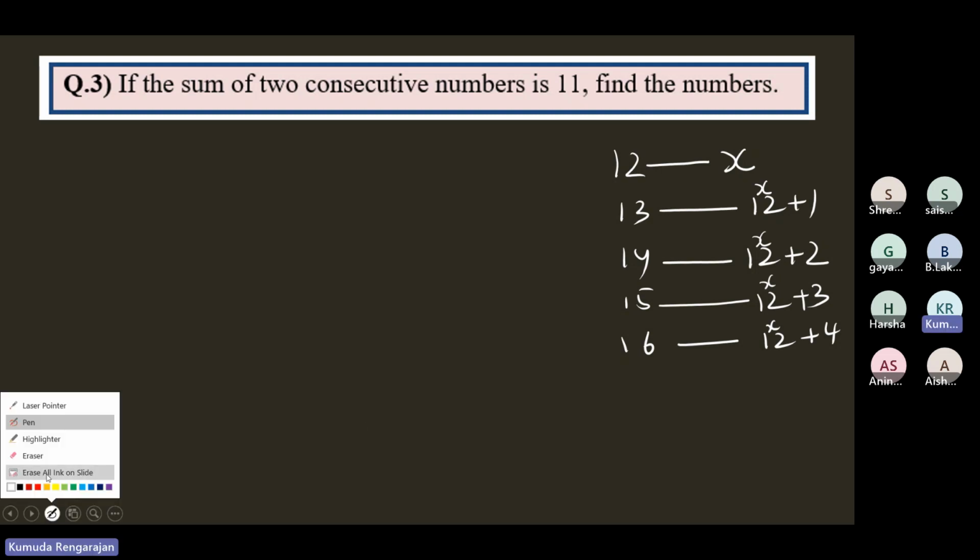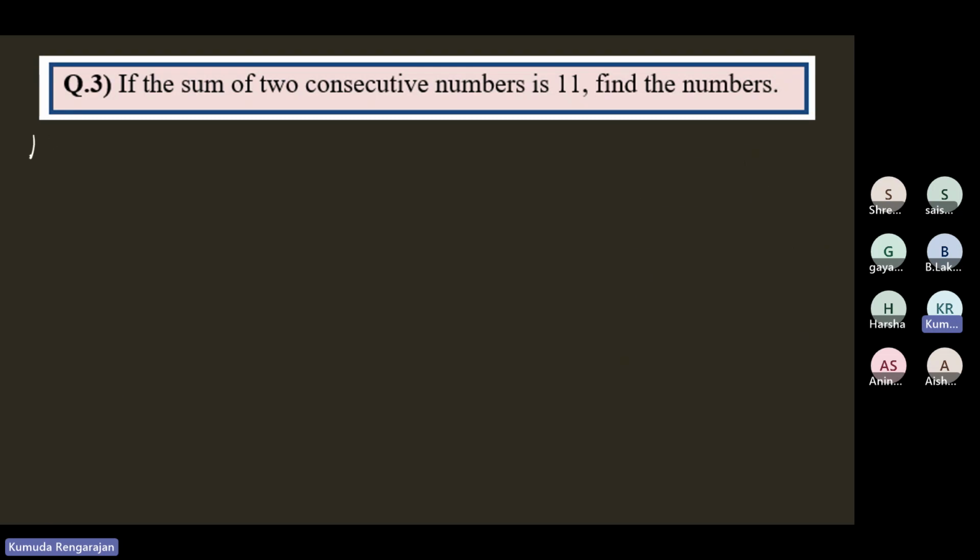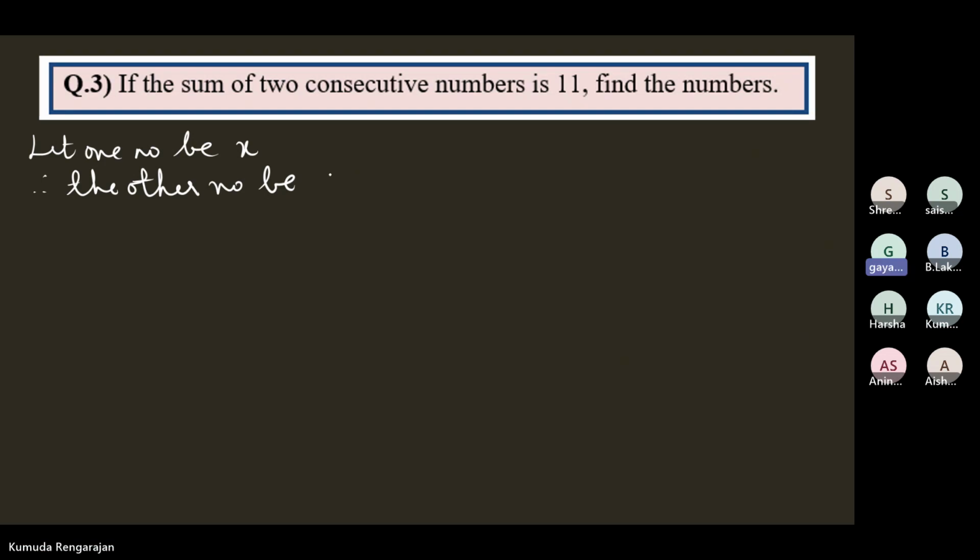Okay, but here, since the question talks only about 2 consecutive numbers, let one number be x. Therefore, the other number, that is the consecutive number, be? Yes, Gayatri. X plus 1, ma'am. X plus 1, yeah. So what have you used for assumption?